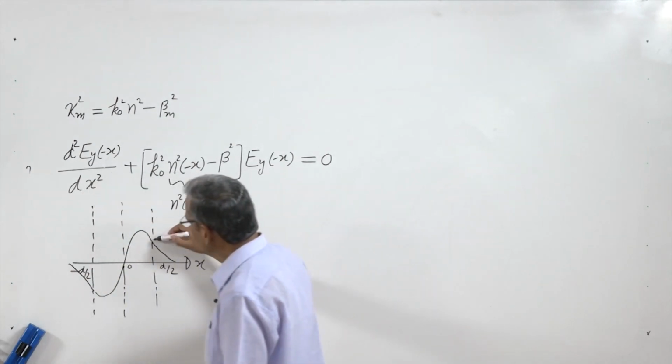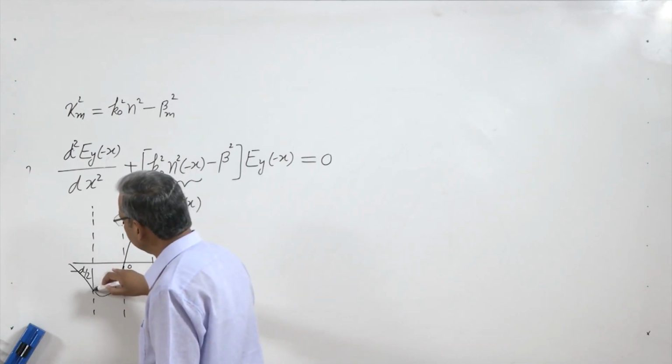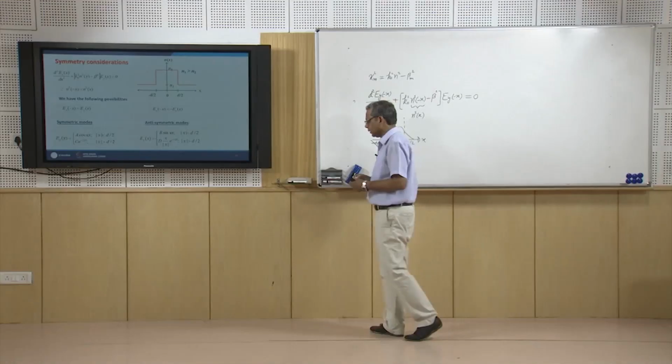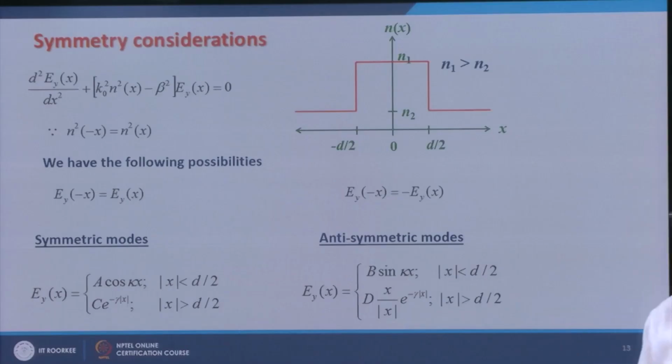So, here you start from the positive side and decay down, here you start from the negative side and then decay down. So, to take care of that sign I will have to put x over mod x here.